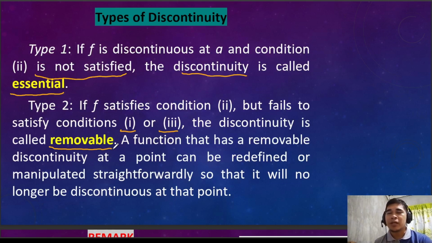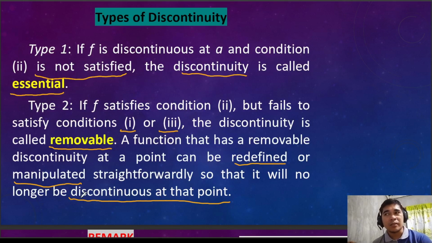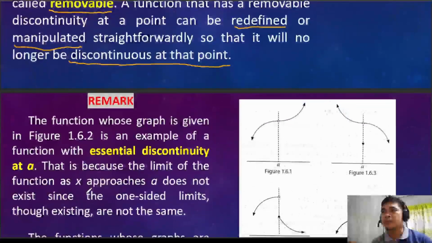And take note, a function that has a removable discontinuity at the point can be redefined or manipulated straightforwardly so that it will no longer be discontinuous at that point. So, you can fix the removable one to make it continuous. But for essential, you cannot. Okay? So, that is the difference between essential and removable.